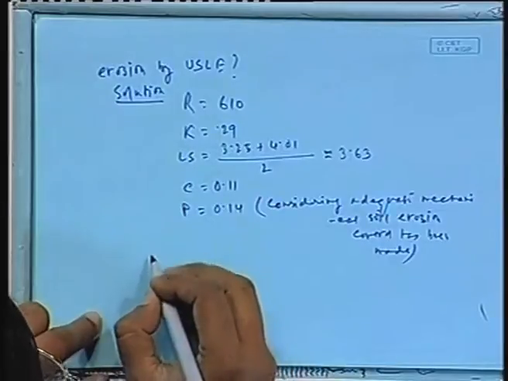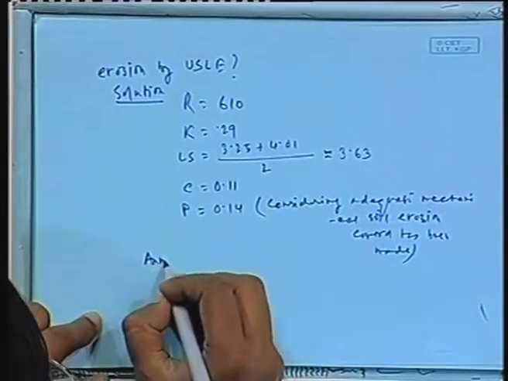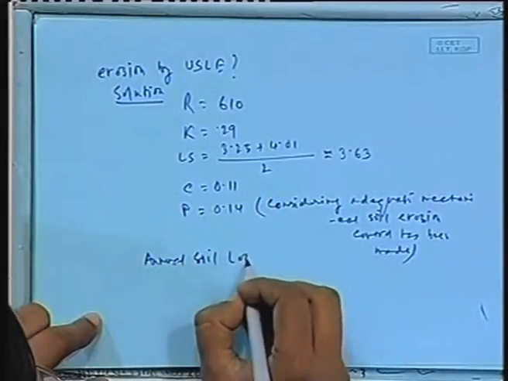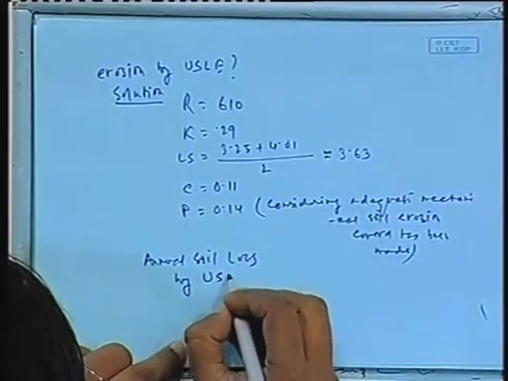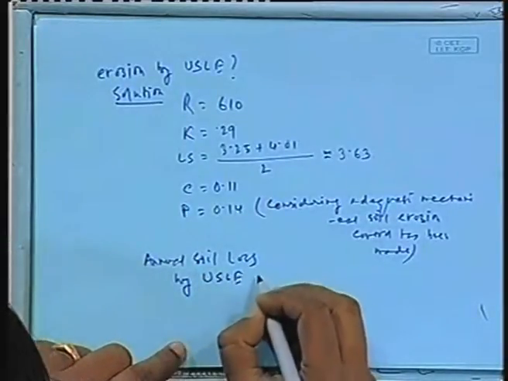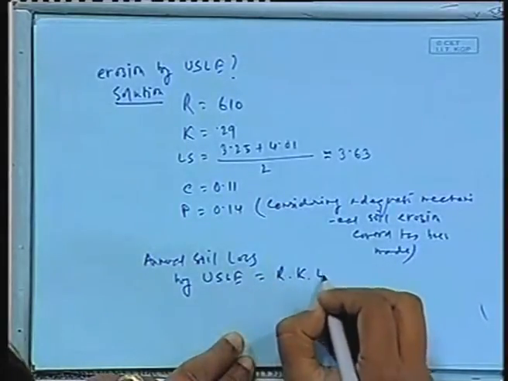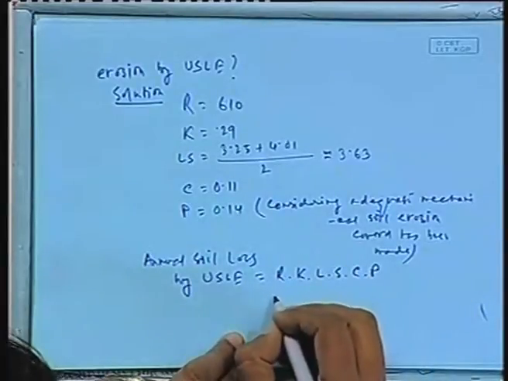So if you multiply this now, the annual soil loss by the universal soil loss equation is RKLSCP.